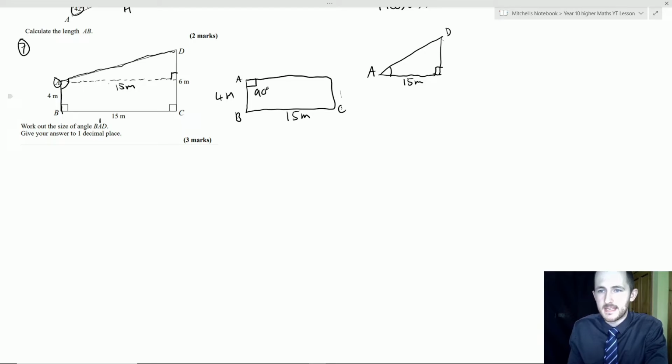Now, what is this length here? Well, I know that from here to here is 4 meters because this other side's 4 meters. And the total length is 6, which means this must be 2 meters. Any questions?